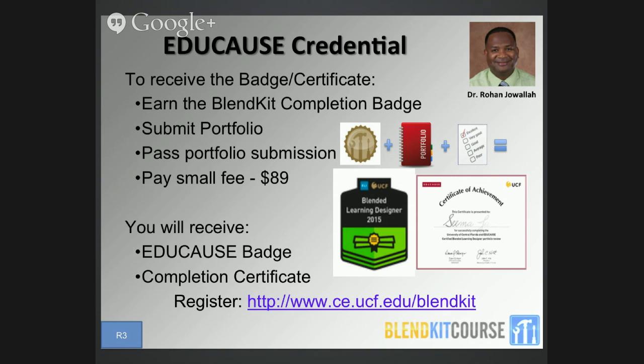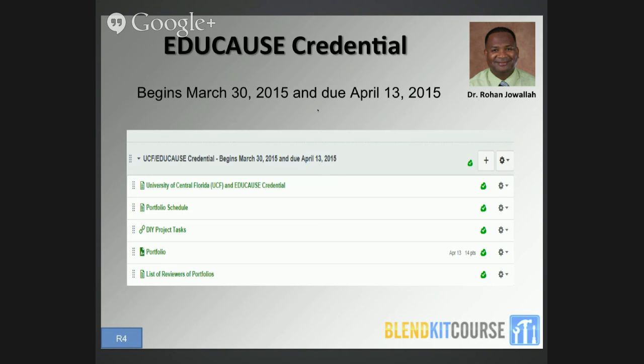Information is also located on our site. I would advise you, as I've always said, go to the module section. We have a section titled EduCourse Credential. Once you go there, you locate the information and it will give you the detailed rubric that you need to follow for your submission.